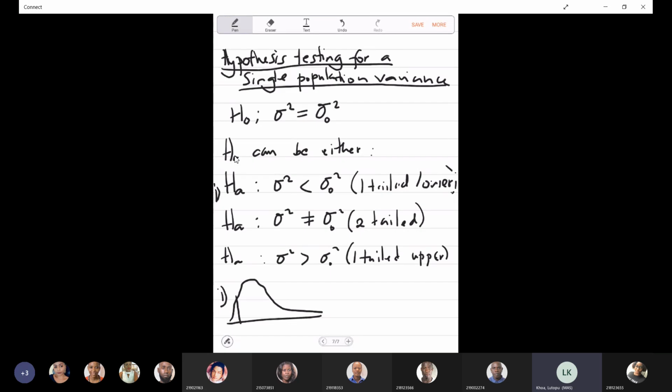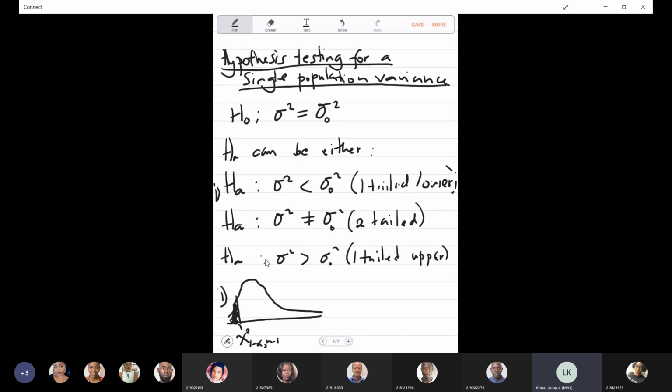Over here, this will be your rejection region, and this value over here, your critical value, will be chi squared, 1 minus alpha, and then you have your degrees of freedom. So this one in black over here is your rejection region for a lower tailed test.